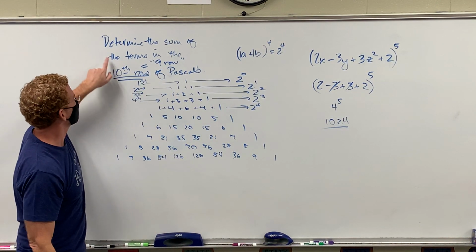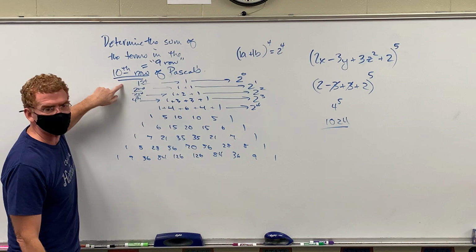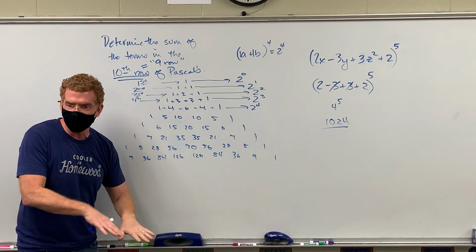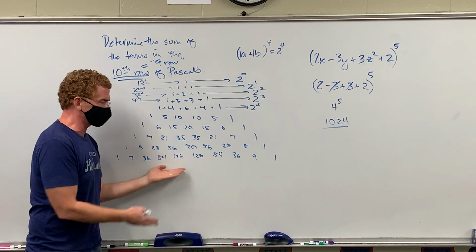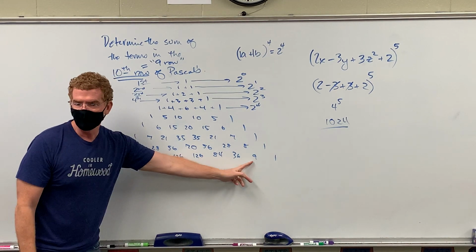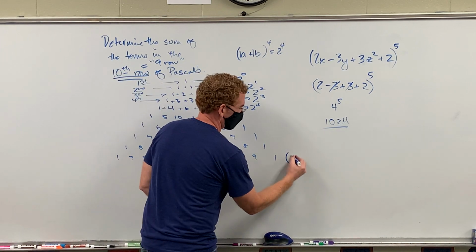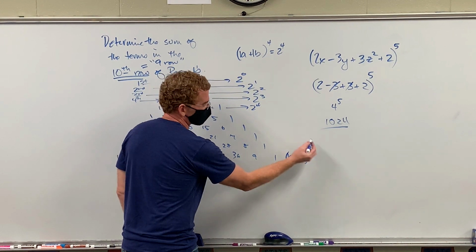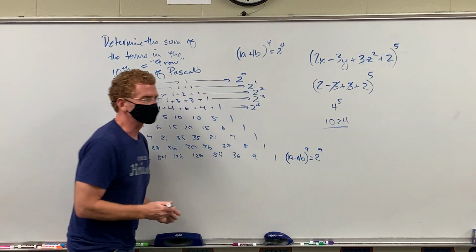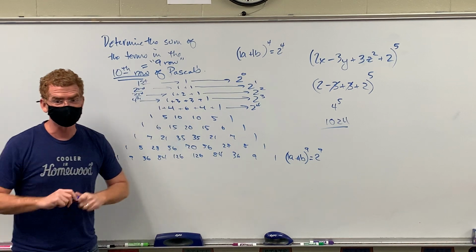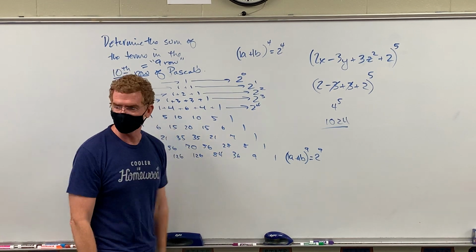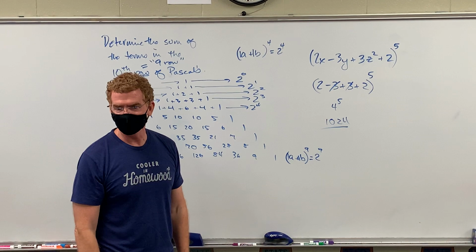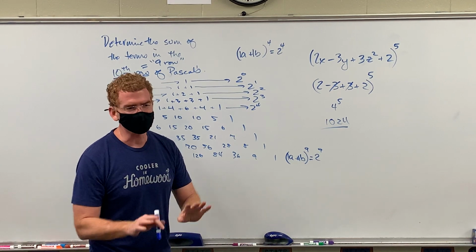So to answer this question, determine the sum of the terms in the 10th row, you have to go, oh, the 10th row is the one that had the 9 in it. And that came from A plus B to the 9th. So 1 plus 1 to the 9th, 2 to the 9th. And we know that 2 to the 9th is nice, 512. Right? Yes? Just be careful.